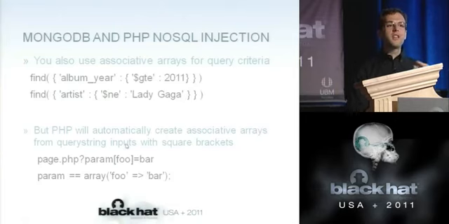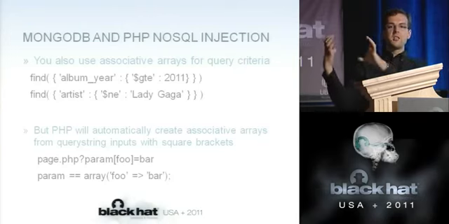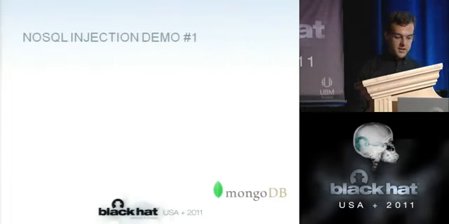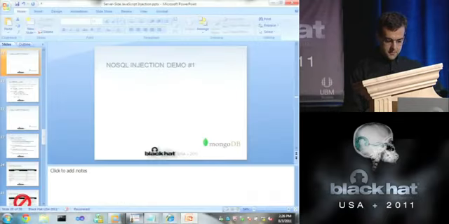PHP will automatically create associative arrays from query string inputs with square brackets in them. So if I call page.php, and it's expecting param equals foo, if I say param square bracket foo equals bar, PHP is automatically going to make this associative array to associate the key foo with the value bar. And now we're going to take advantage of that.